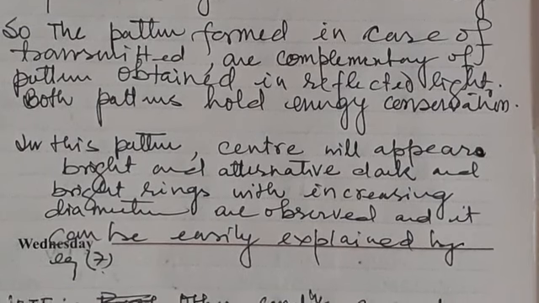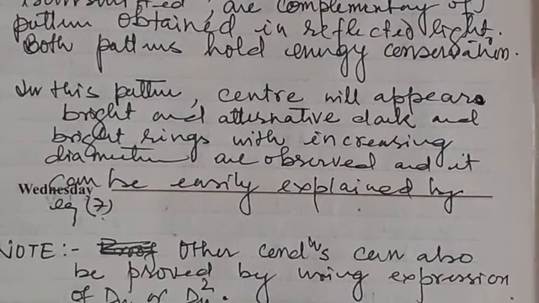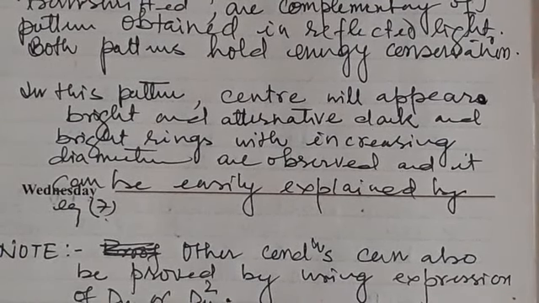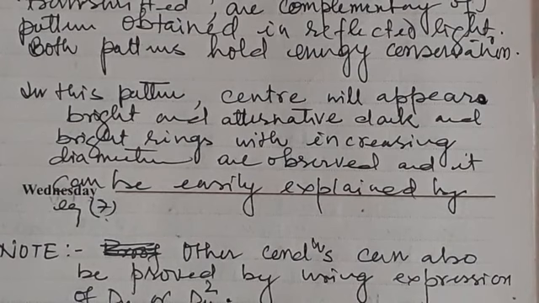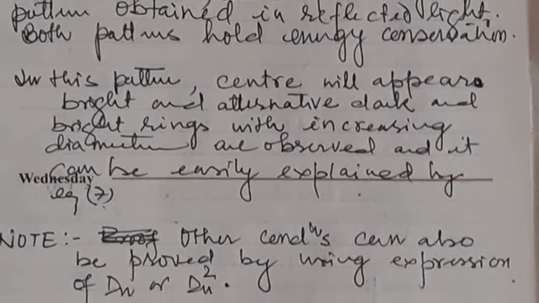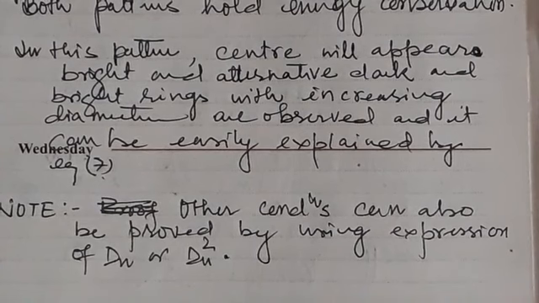It is noted that the spacing between two consecutive bright rings is continuously decreasing, which can be understood with the help of equation 7, and the diameter is continuously increasing with the square root of the integral values or the square root of the odd numbers in case of bright and dark rings, as well as it can help us to understand other observations which can be made in the Newton ring experimental setup.